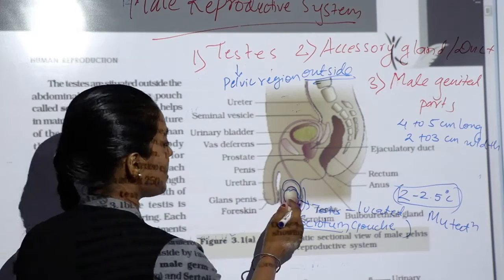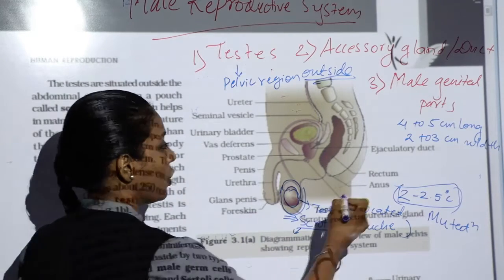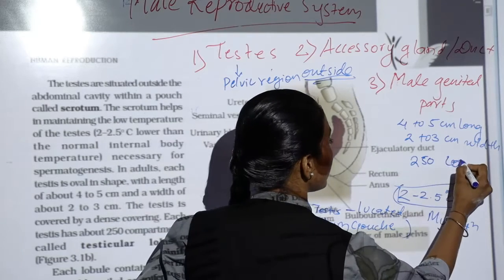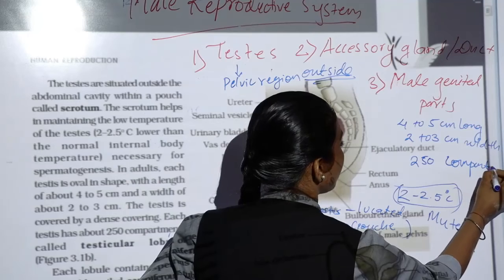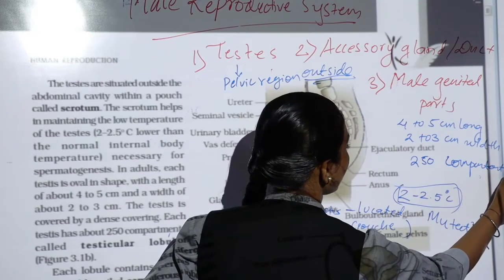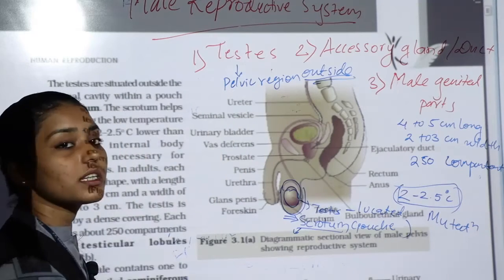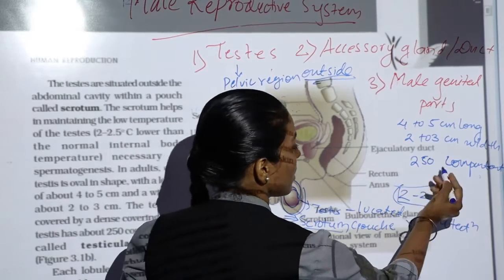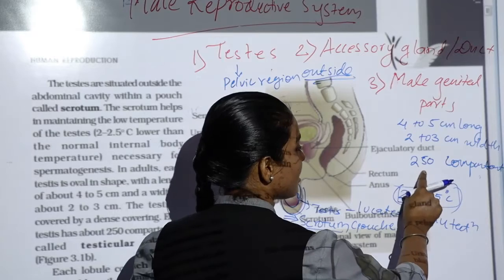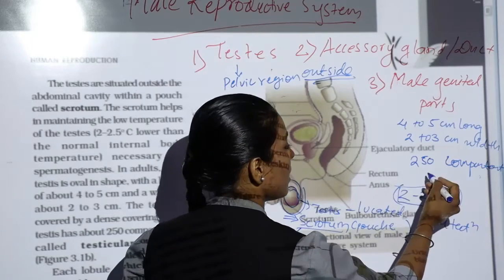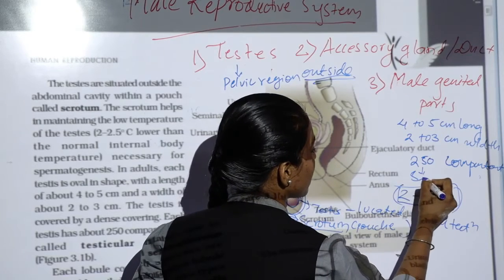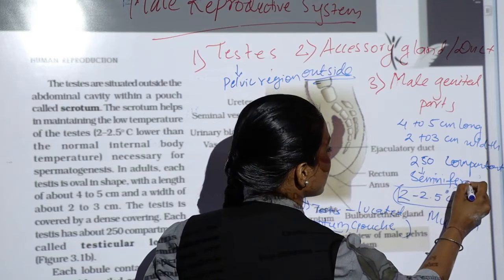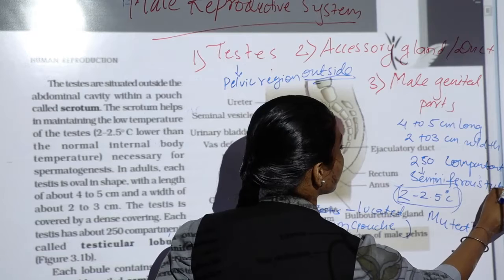Now testes have almost 250 compartments in it. These compartments are called testicular locules. Each testicular locule contains compartments that bear the structure known as seminiferous tubules.